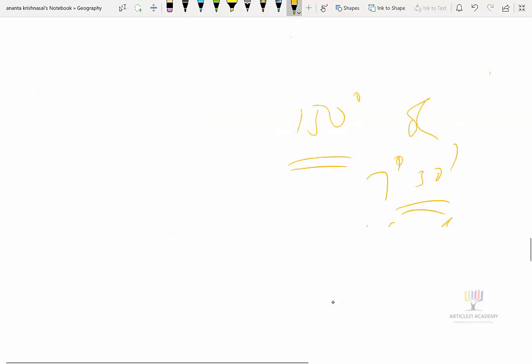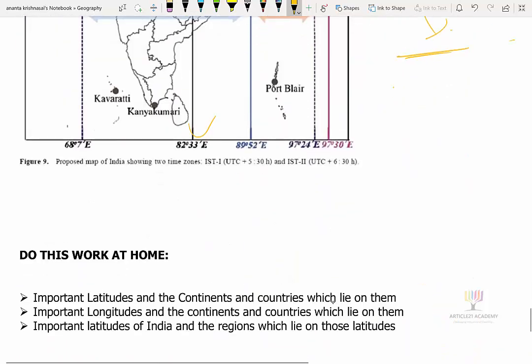Now I have something as homework for you. Please do this work. Try to identify the important latitudes in terms of the 23.5 degrees parallel and the 66.5 degrees parallel, and try to identify the continents and countries which lie on these particular parallels of latitude. And similarly, try to identify the important longitudes and the continents and countries which lie on them, particularly the 180 degree and the 0 degree longitudes.